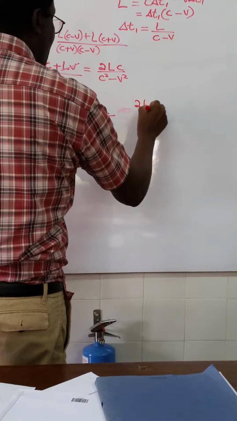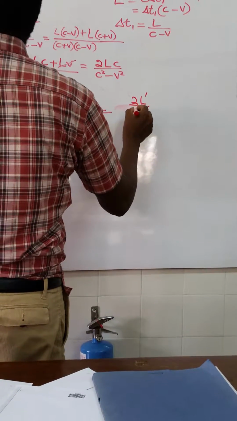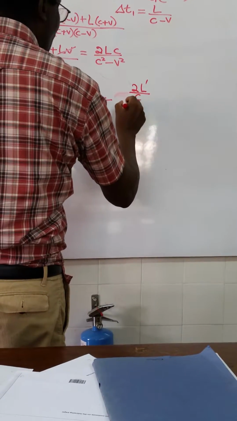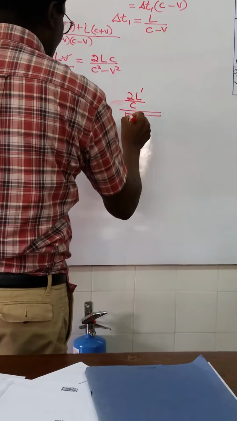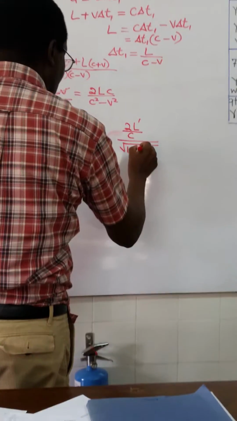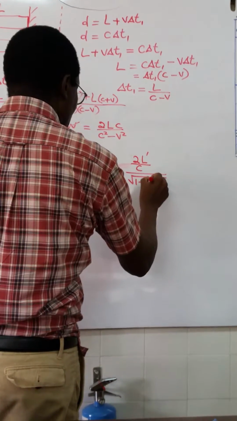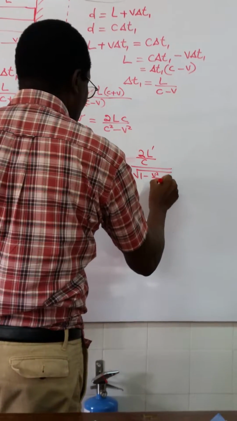Therefore, 2L prime over c over root of 1 minus v squared over c squared.